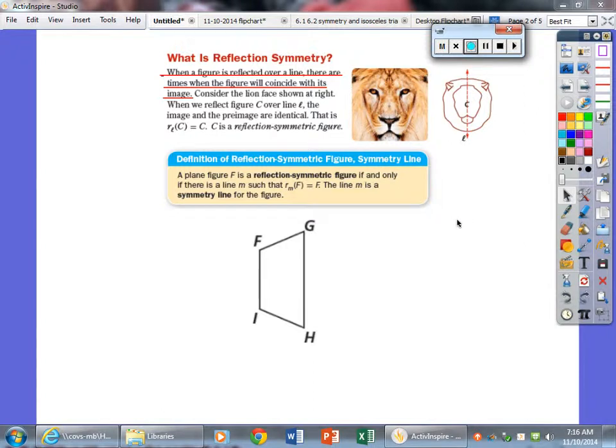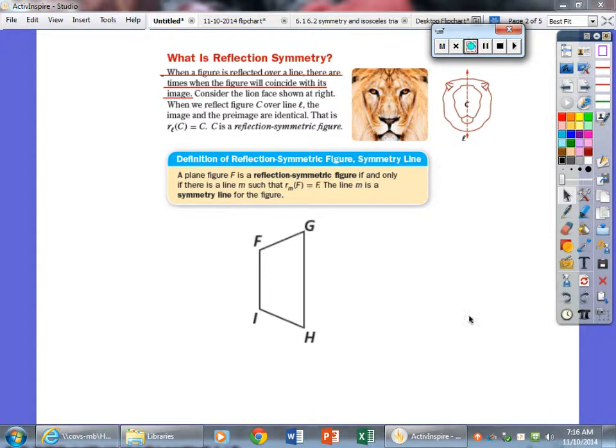They're just reflected over each other. There's an ear on each side, there's an eye on each side, half of the nose is on each side. So this would be said to have one line of reflection symmetry.